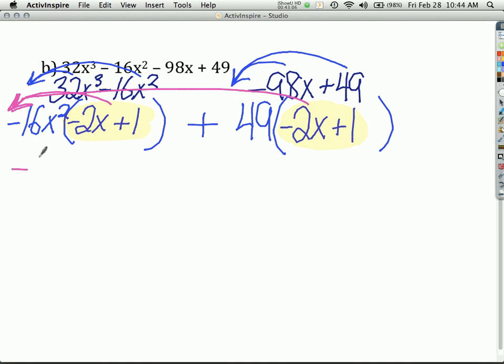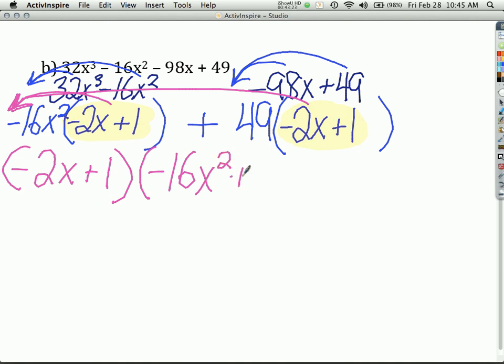So we got negative 2x plus 1. And what's left? Matthew? Negative 16x squared plus 49.